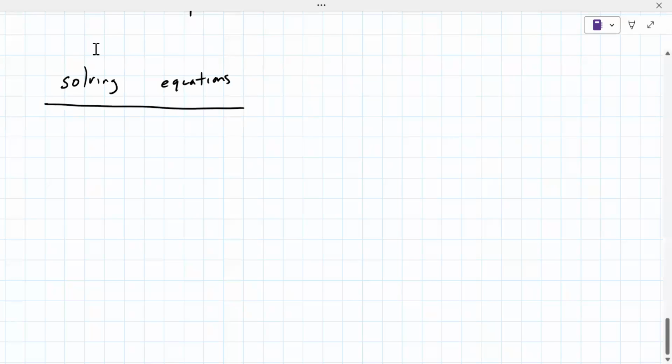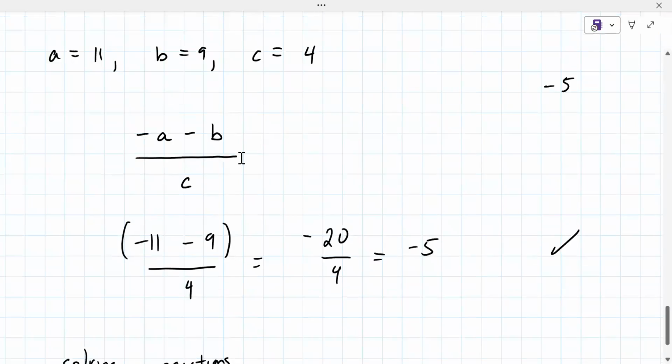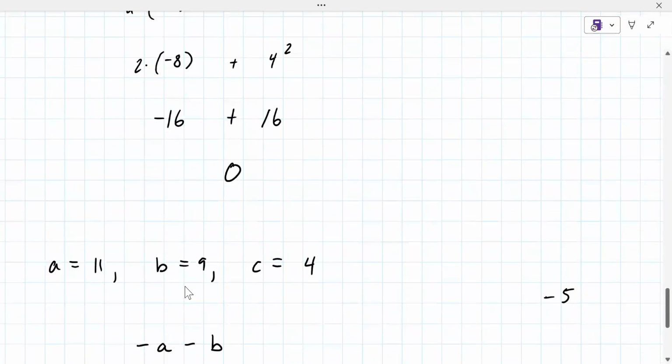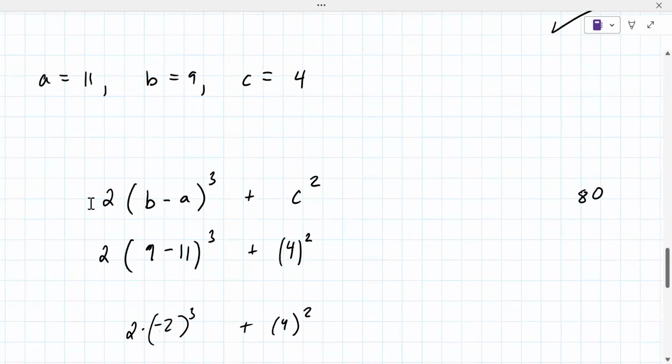All right. So where we're going to move from here is, let's talk about solving equations. This is kind of your next major topic in this class. None of the problems that we've been doing thus far have had an equal sign. There was no equal sign here.